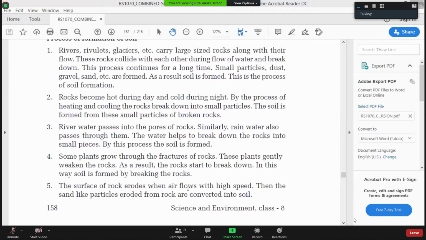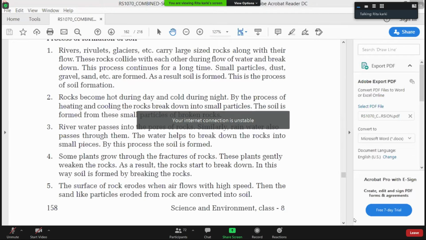Winds are also one of the reasons. Because of this, the rocks will be broken down into smaller pieces. The smaller pieces of the rocks can be easily carried away or rolled from one place to another by the high speed of the wind.